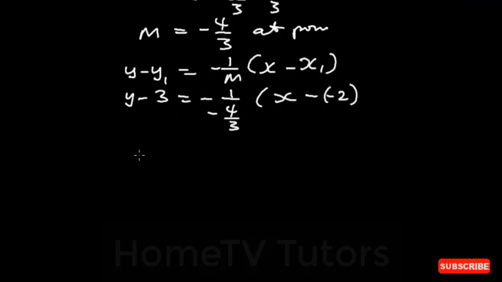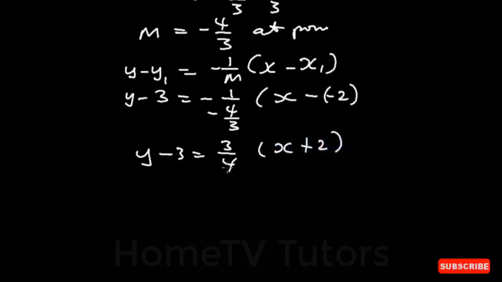So we have y minus 3 equals, we cancel the minus, so we should have 3 over 4 bracket, this times this will give us plus, so we should have x plus 2.